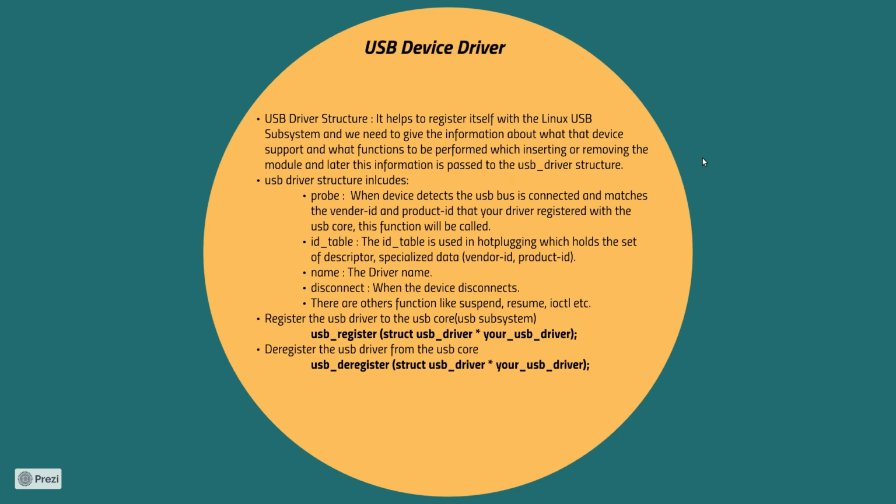To register the USB driver to the USB core, as you can see, we will use usb_register in the init call, and while deregistering the USB driver from the USB core, we will use usb_deregister. So this is what we need to use while working on the USB device driver.